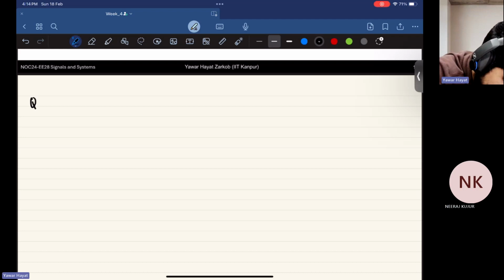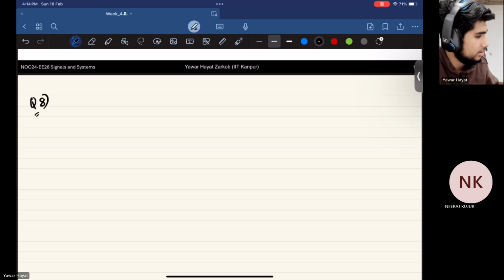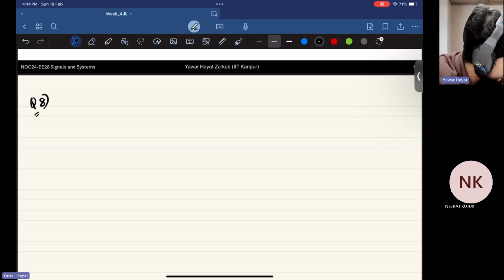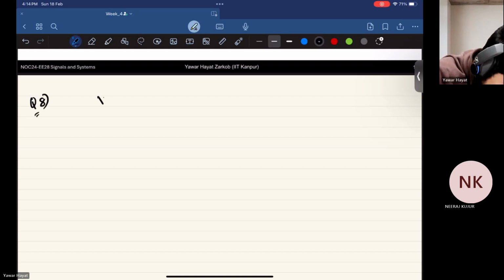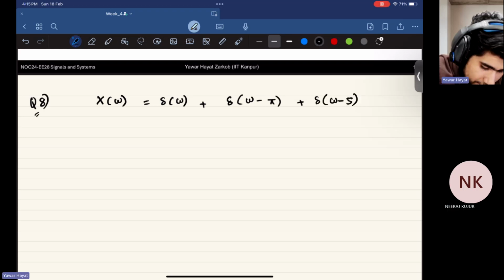This one is question 8. We have been given x of omega, that is delta of omega plus delta of omega minus pi plus delta of omega minus 5.